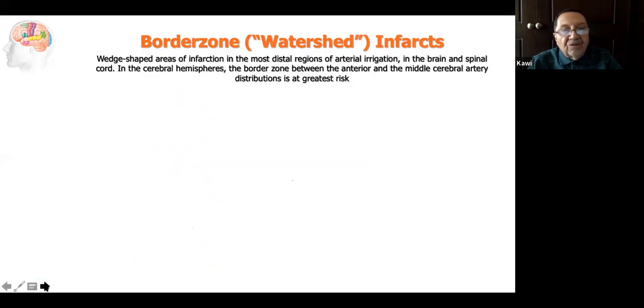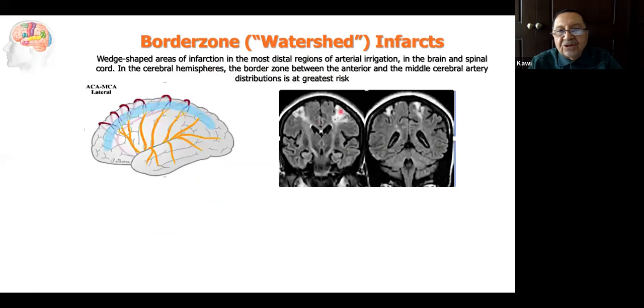Now, there is another form of infarction which is called the watershed or border zone. Watershed or border zone is a wedge-shaped type of infarction, as we can see here. The reason for that is that this area is supplied by terminal branches of the middle cerebral artery, and it also gets supply from the terminal branches of the anterior cerebral artery.